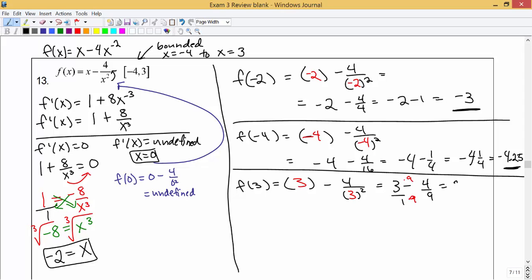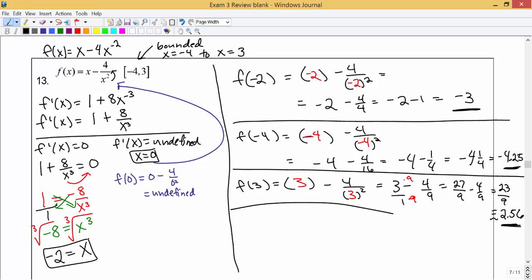So that gives us 27 over 9 minus 4 over 9, which gives us 23 divided by 9. And let's look at the decimal value of that. That would be approximately 2.56.